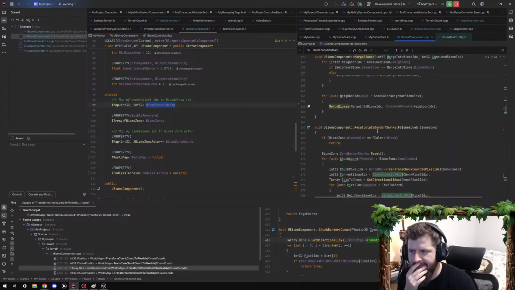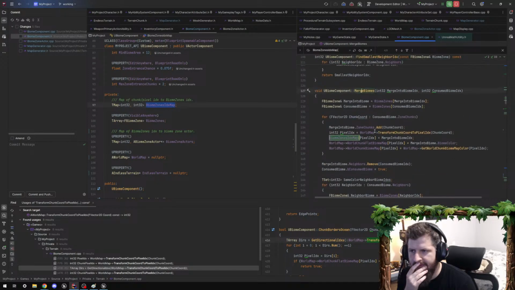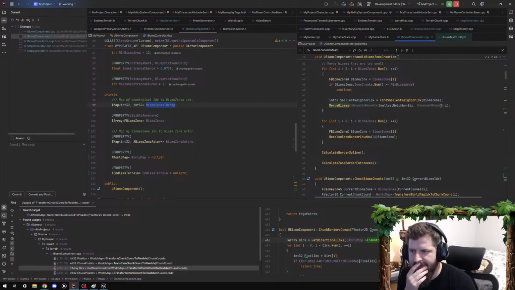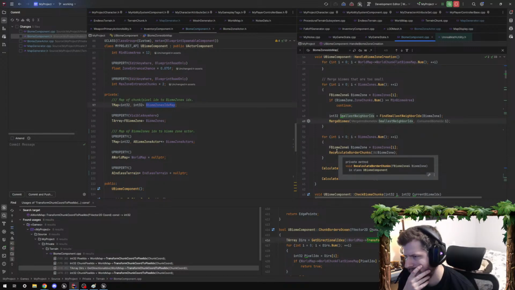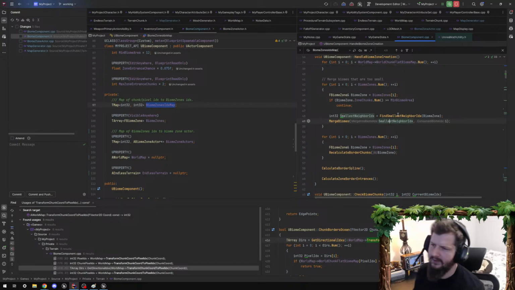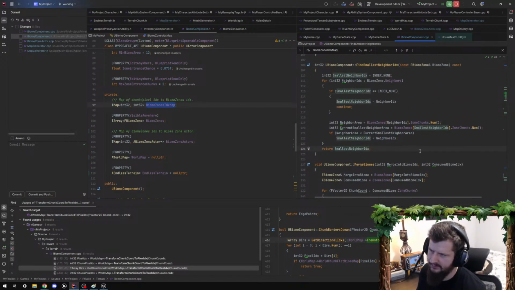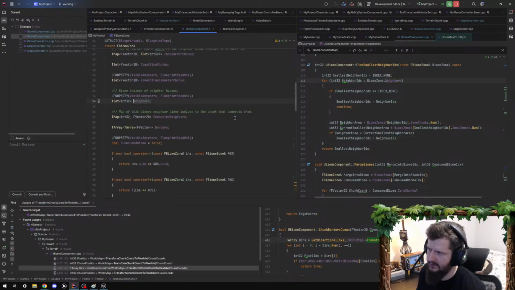Where does this come from? Merge biomes, consumed biome index, smallest neighbor index. Find smallest neighbor index should return a pixel index. Neighbor index for int in biome zone neighbors, biome indices of neighbor biomes.